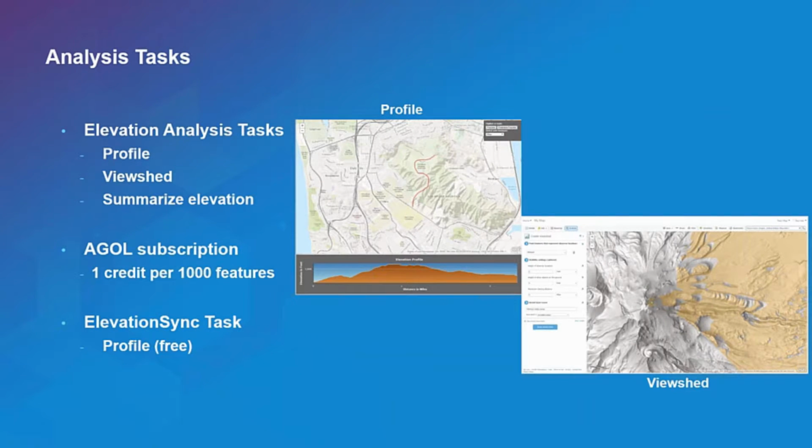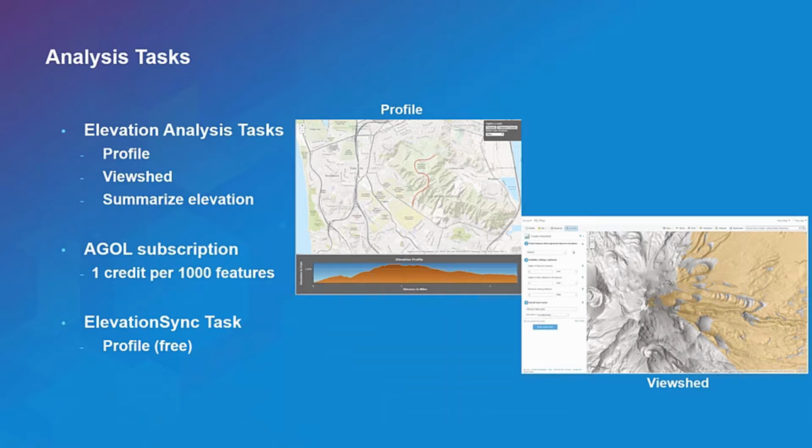Along with these image services, Esri also offers GP services for common tasks such as generating profile, viewshed, and summarize elevation. These tasks quickly generate the output without you needing to store, compile, and process authoritative elevation data. These services currently work on a subset of the world elevation collection hosted by Esri.